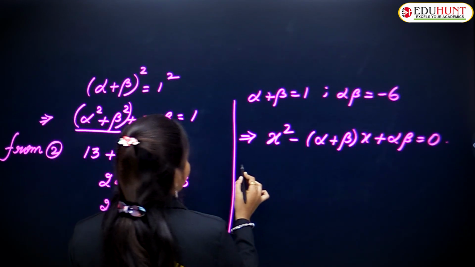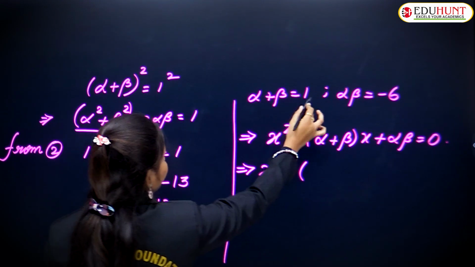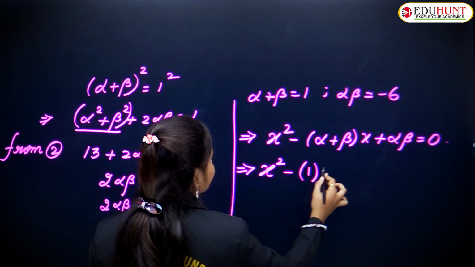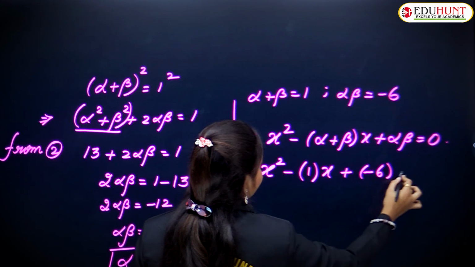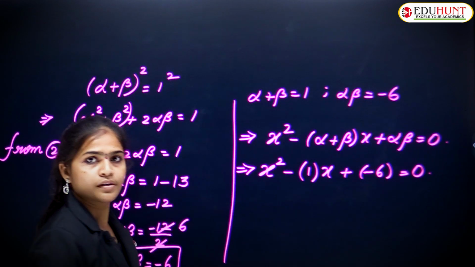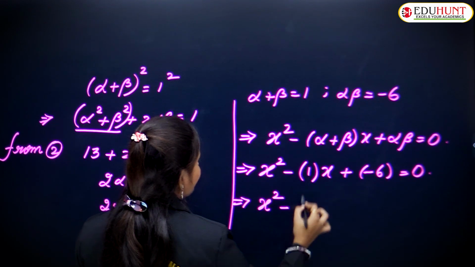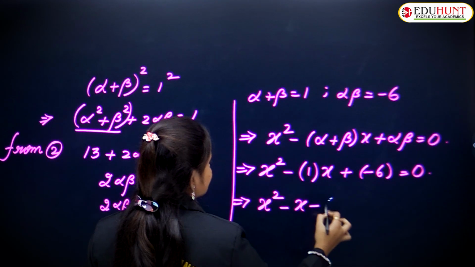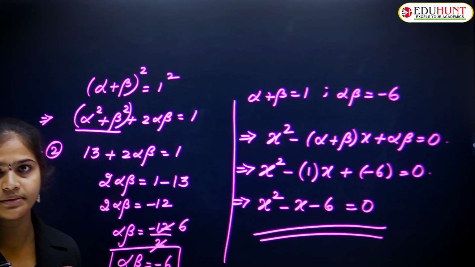Clear? So x square minus 1 into x plus (minus 6) is equal to 0. Okay, now simplify this. x square minus x minus 6 is equal to 0. This is the required quadratic equation.